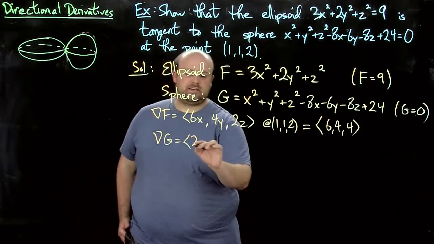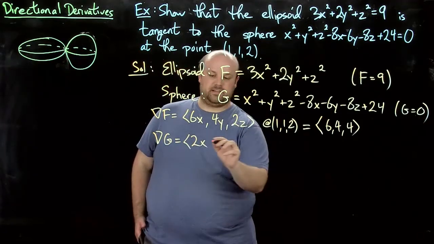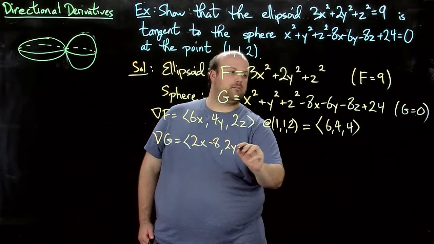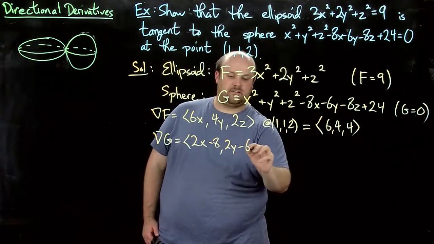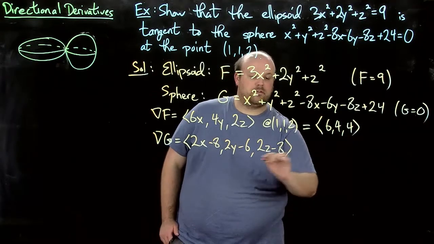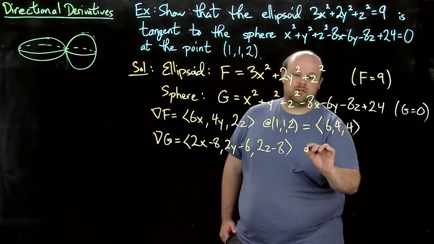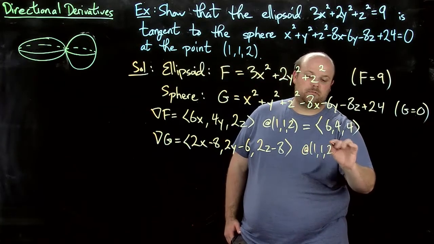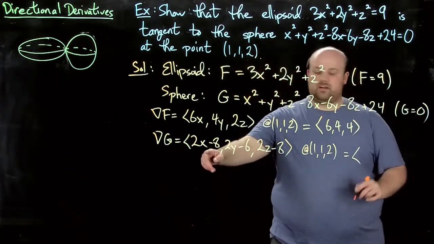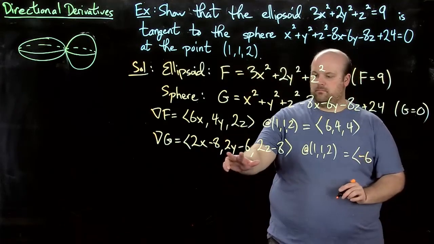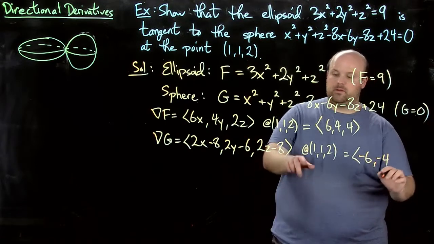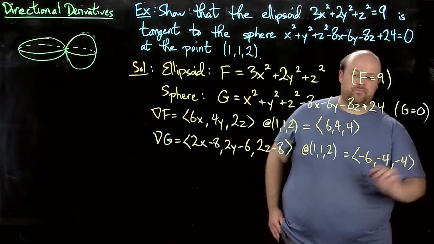We have 2x minus 8, 2y minus 6, and 2z minus 8. And then at (1, 1, 2), this is the vector (-6, -4, -4).